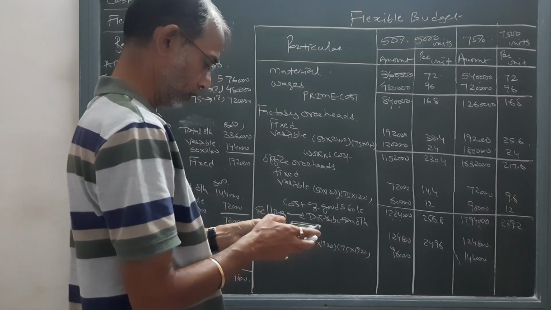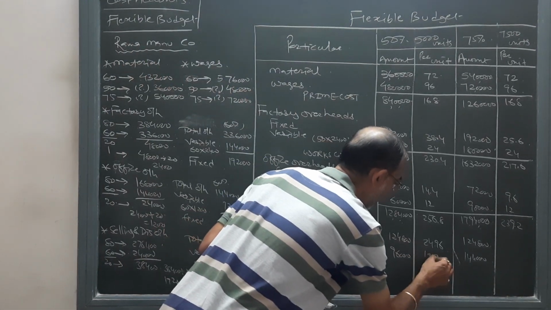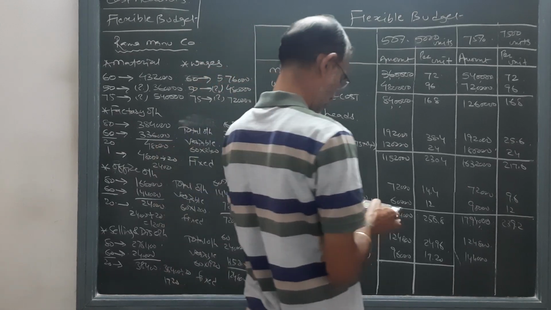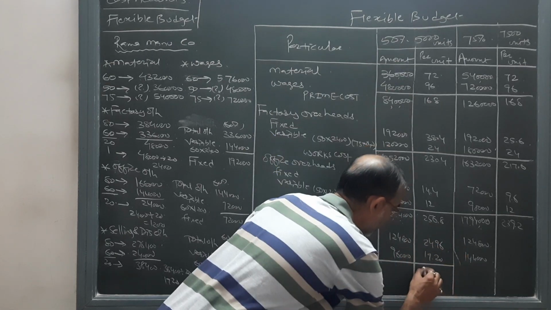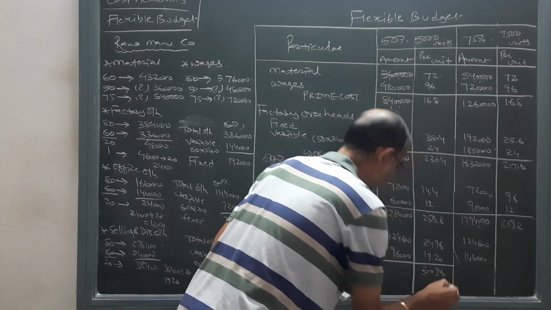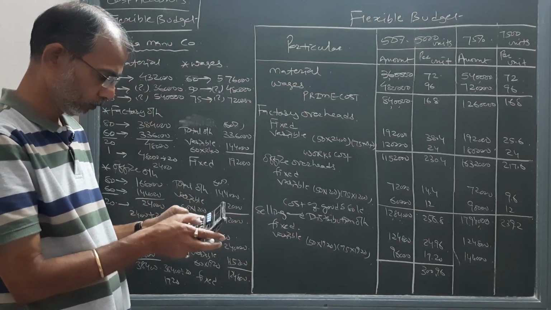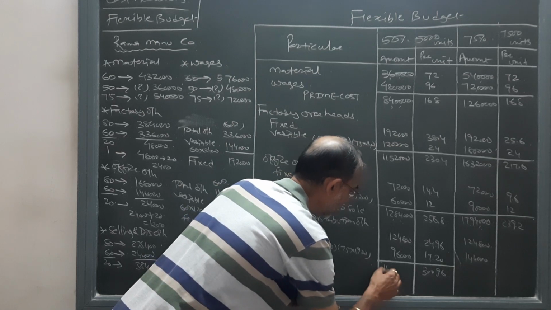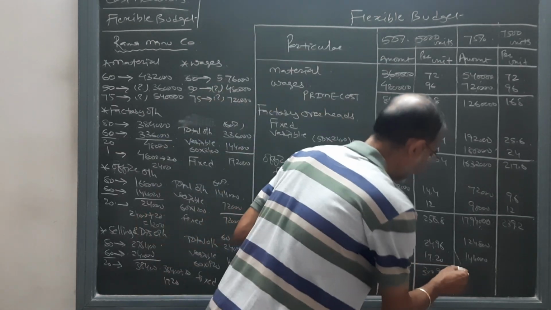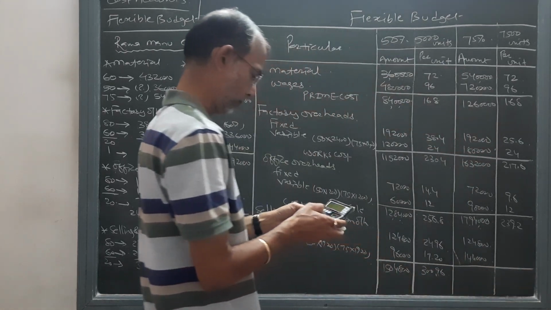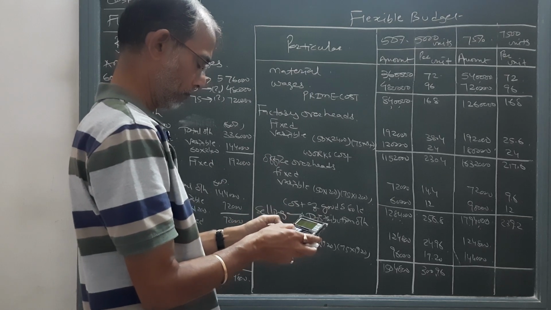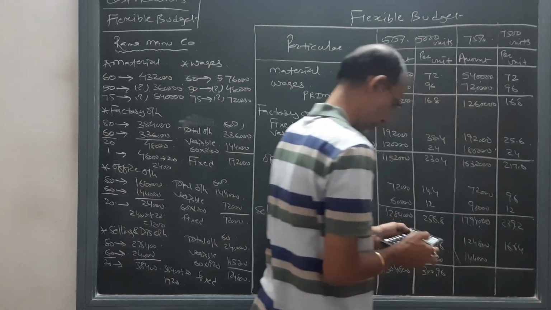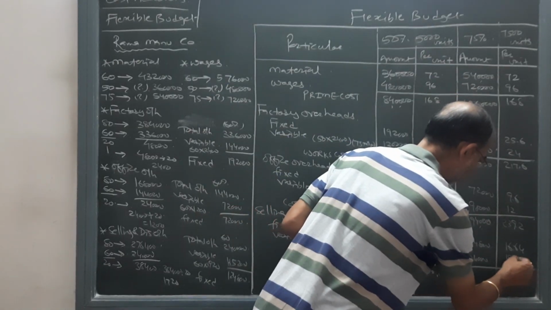and 19.2. Total cost per unit is 300.96, while amount is 15,04,800, and here it is 16.64, and this will be the same 19.20.